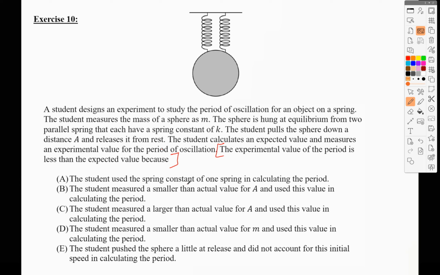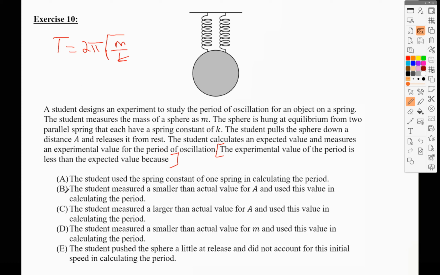So we're saying that the experimental is less than the theoretical. This is one. Another way to think about it is why the theoretical is greater than the experimental, and we're talking about the period. The period is given by 2 pi square root m over k. So basically the student must have done something theoretically which increases the value of the period. So let's investigate.